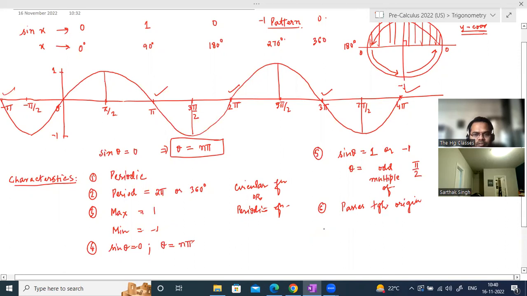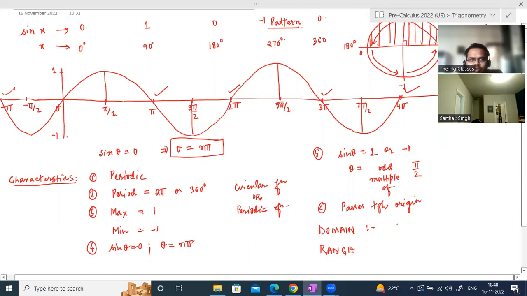So from this, we can see what its domain and range will be. Now let's recall what the domain of a function is. Every x value, every input.